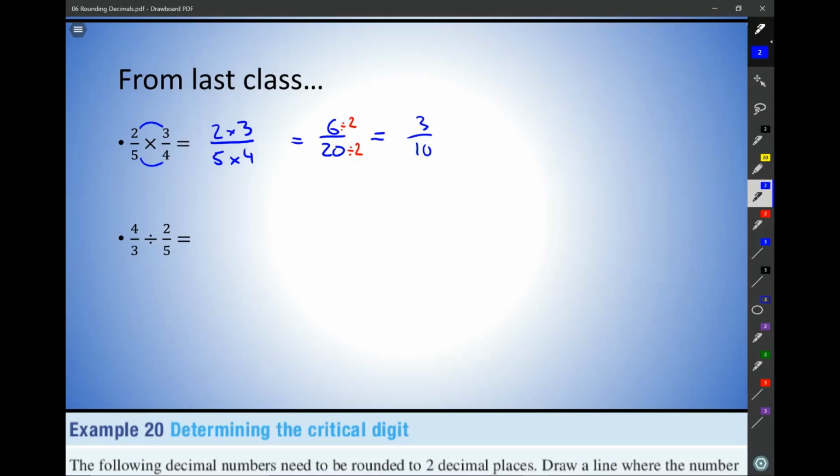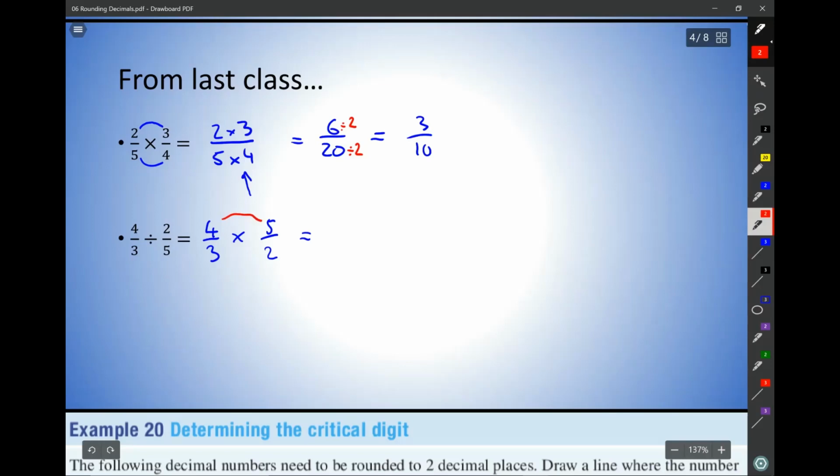Now when it comes to dividing fractions, remember our KFC. We keep the first fraction the same, we flip the second fraction over, and then we change the divide to a times. And now what we end up with is the same question we had here, it's just reversed.